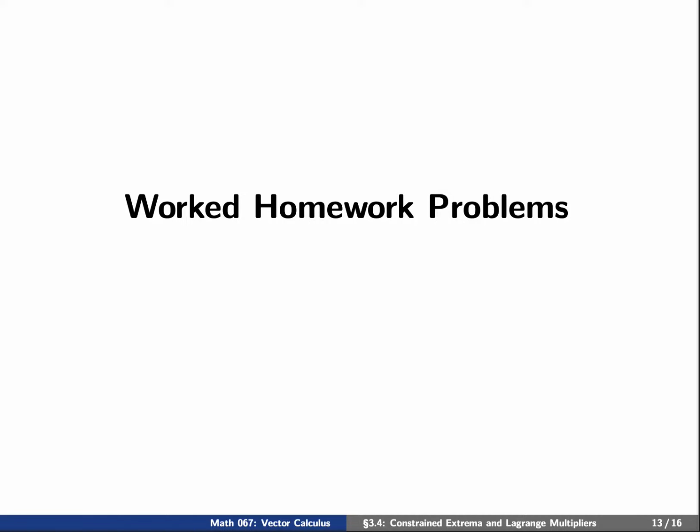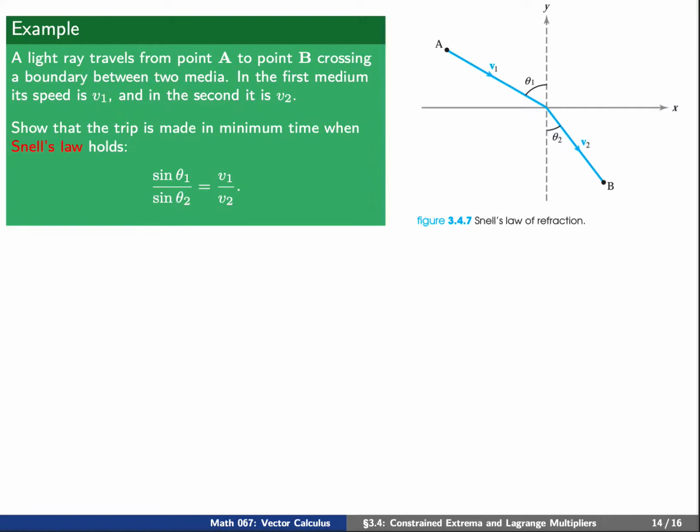We'll end today by discussing a couple of worked homework problems that do focus on the idea of Lagrange multipliers. Here's our first example. Let's consider a light ray that travels from a point A to a point B, crossing a boundary between two media. For example, this might be light that is just above the surface of the ocean.